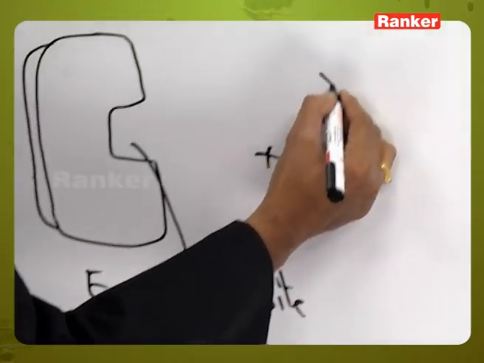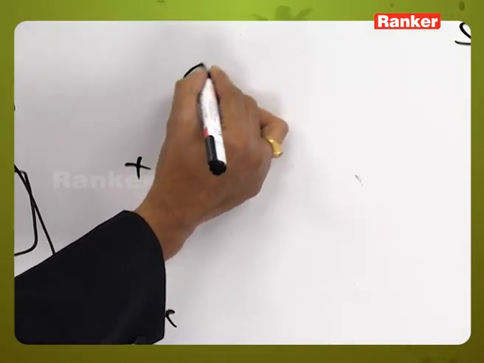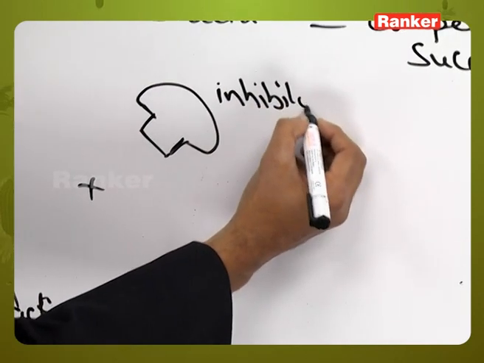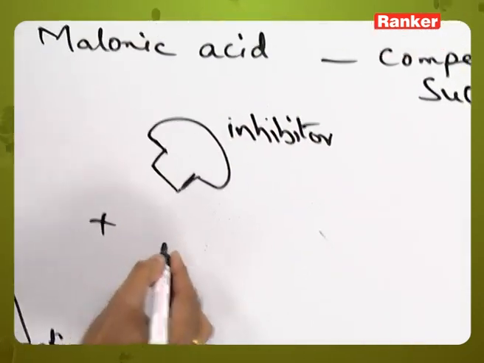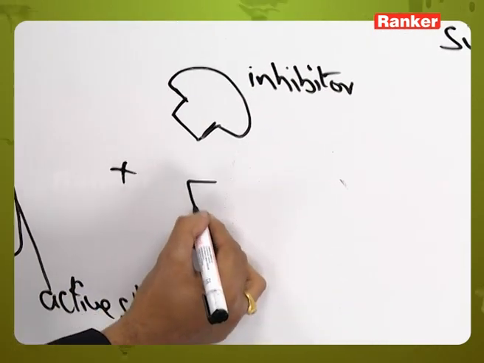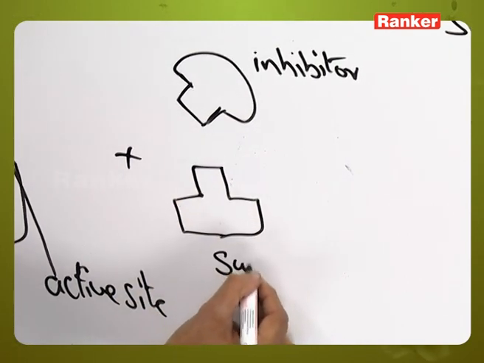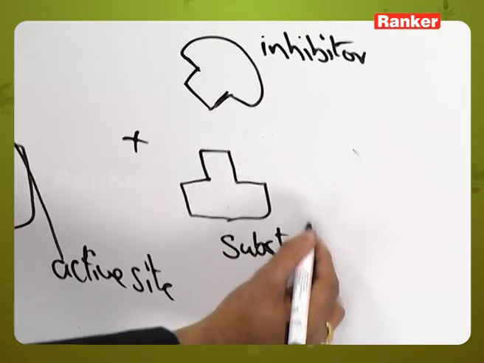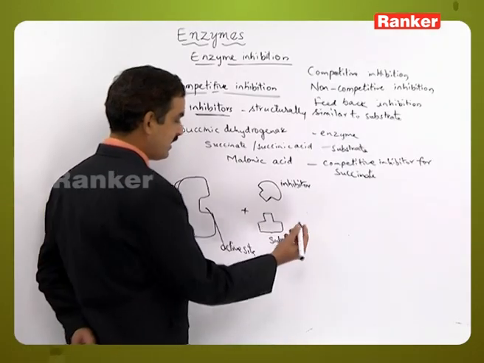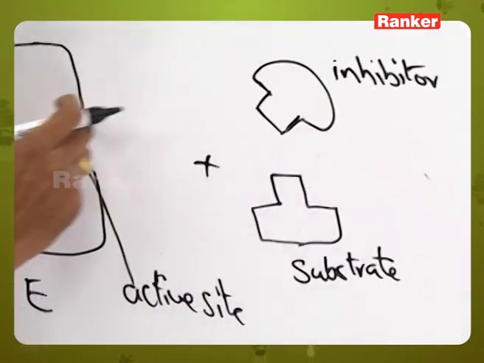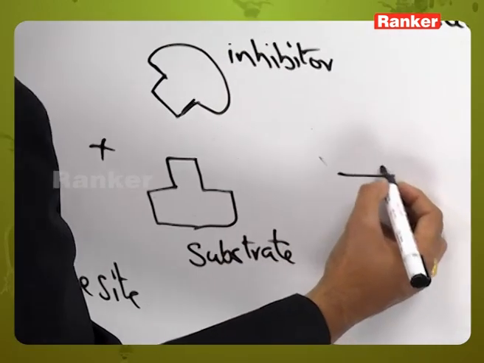Here this is the structure of the inhibitor, that is malonic acid, and this is the structure of the actual substrate, that is succinate molecule. Before the substrate comes and occupies the active site, the inhibitor will come and occupy the active site.